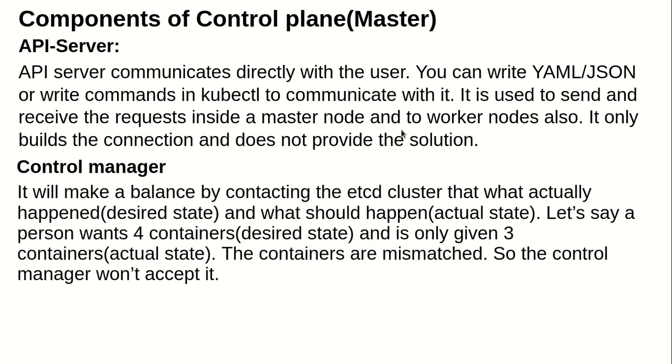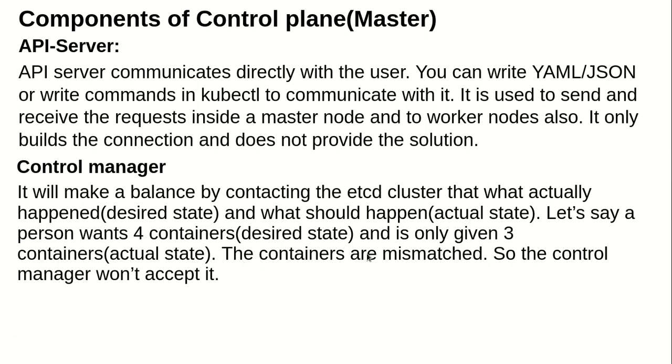Now the next part is going to check the data that is given to it. The controller manager will make a balance by contacting the etcd cluster about what actually happened, meaning what the desired state is, and what the actual state is. Let's say a person wants 4 containers. Alright. So the desired state is 4 containers, but only 3 containers are given, so the actual state is 3 containers.